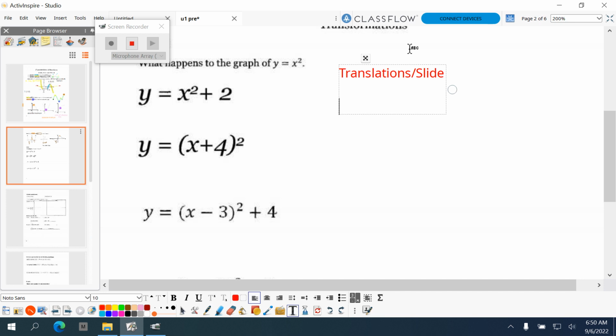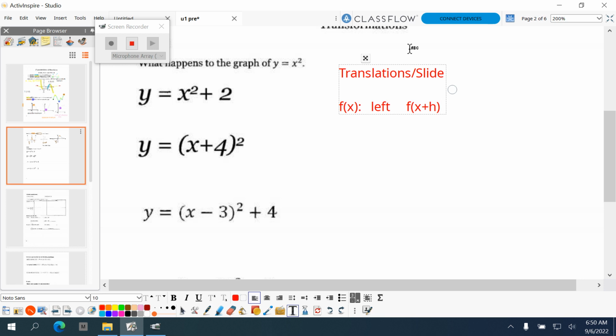So let's say we have f of x, right? And if I'm transitioning towards the left, if I'm sliding left, I'm going to say f of x plus h. And that's the general way we look at a function.